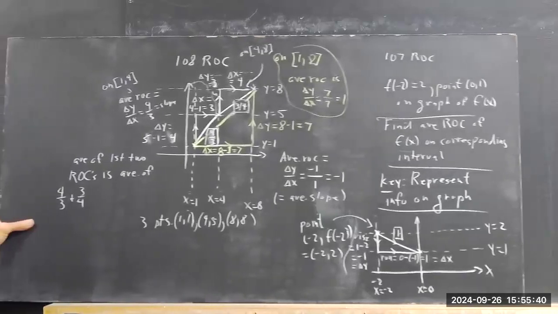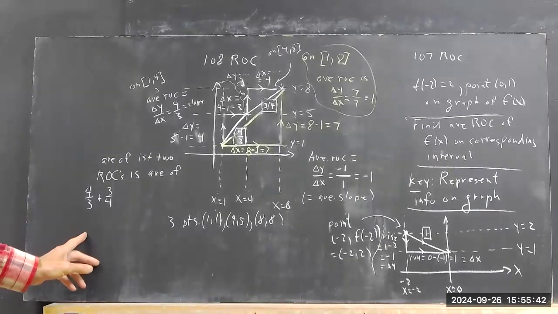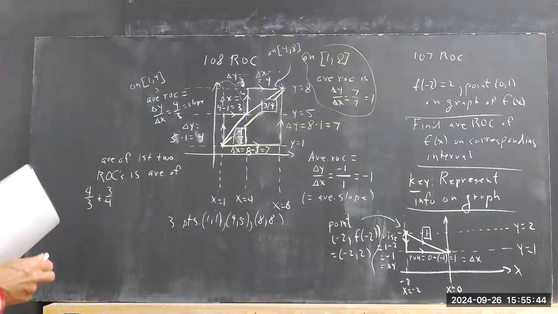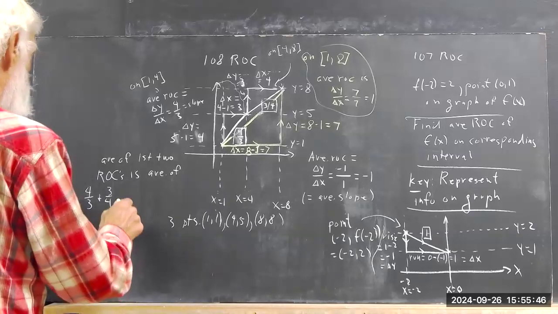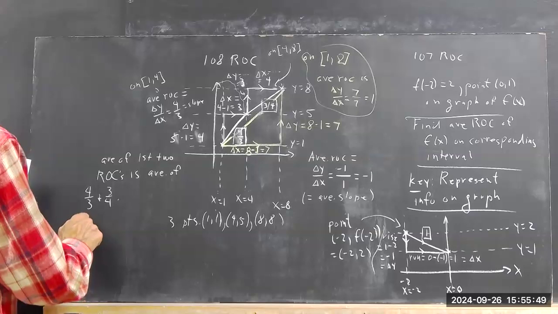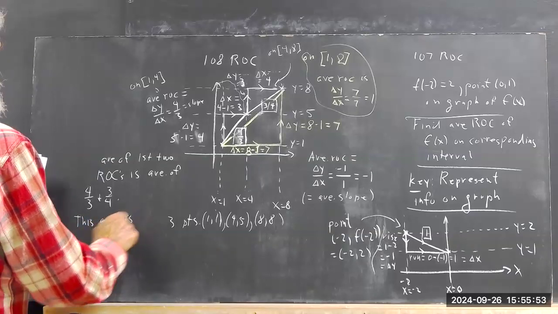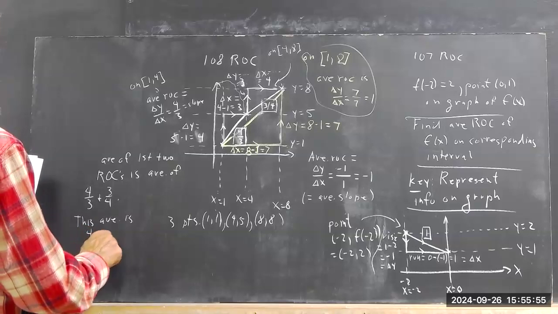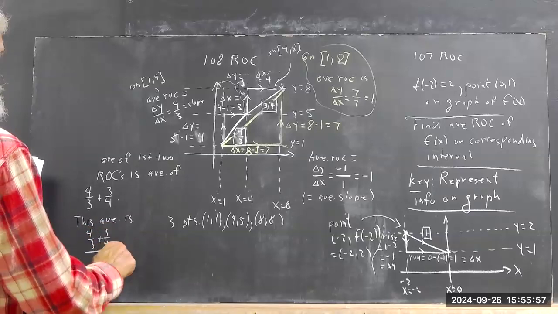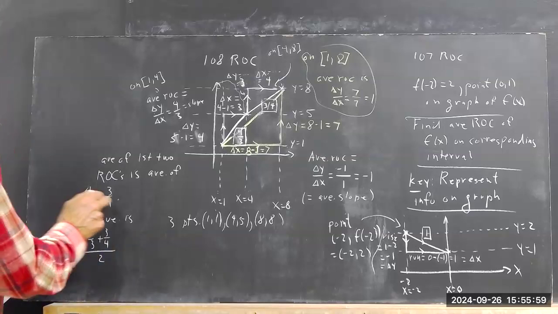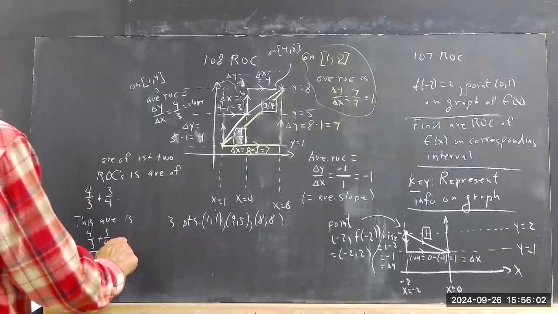So let's look it over. What's the average? Four-thirds plus three-fourths divided by 2, because to average two numbers, you add them and divide by 2.